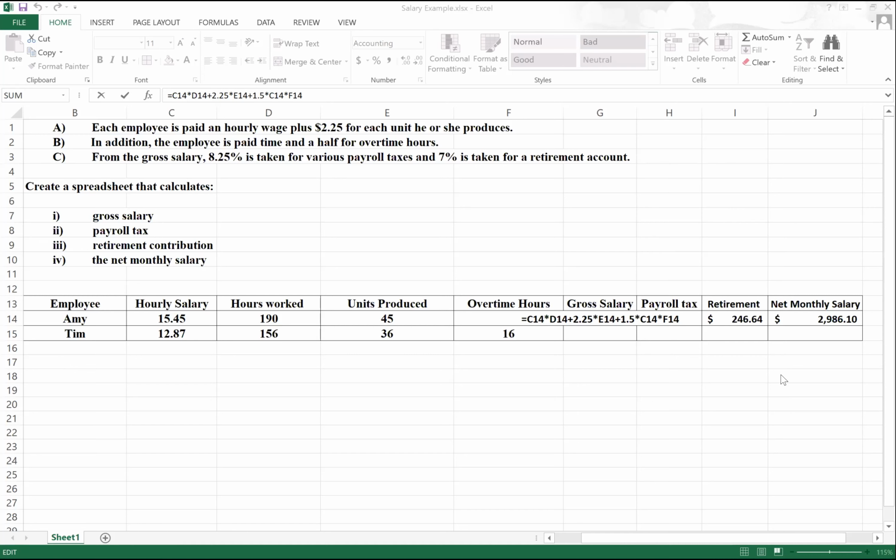Professor, I got one question. Sure. For the gross salary, I didn't use that same exact formula, but I think it's the same answer. How do you do that if you do not use the same formula?